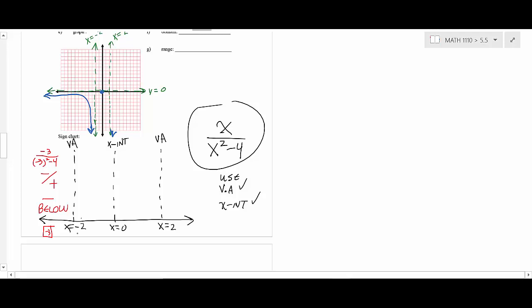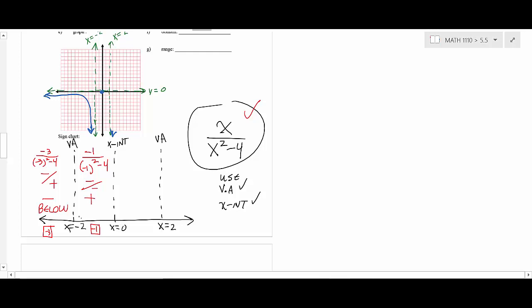Now we're going to go in between negative 2 and 0, so let's use negative 1 as a test point. Again, plug into your function. The numerator is negative 1. The denominator is negative 1 squared minus 4. The numerator is clearly negative. What's the denominator? 1 minus 4 is negative. Negative over negative is positive.